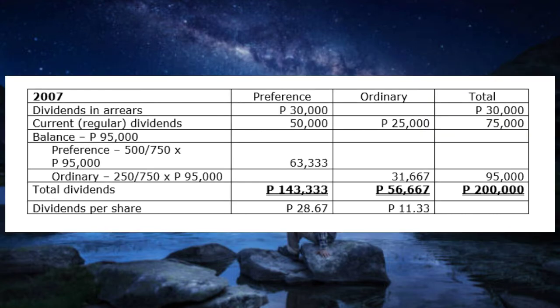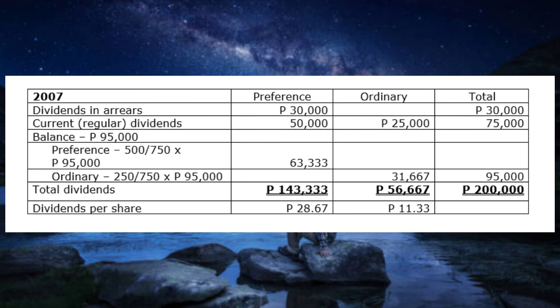2007. Dividends in arrears, preference: 30,000 pesos. Total: 30,000 pesos. Current or regular dividends, preference: 50,000 pesos. Ordinary: 25,000 pesos. Total of 75,000 pesos. Balance: 95,000 pesos.